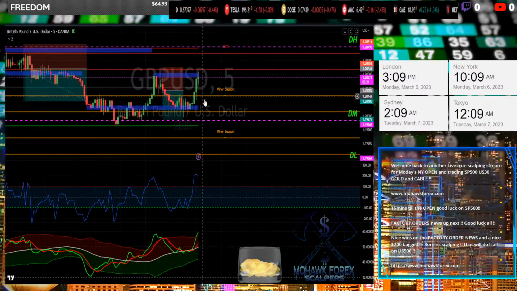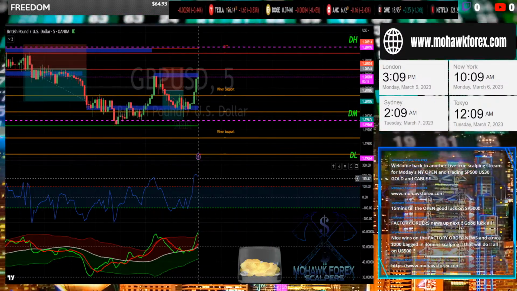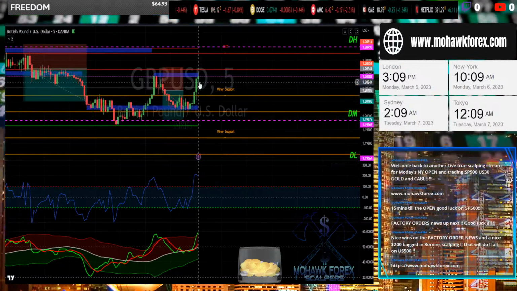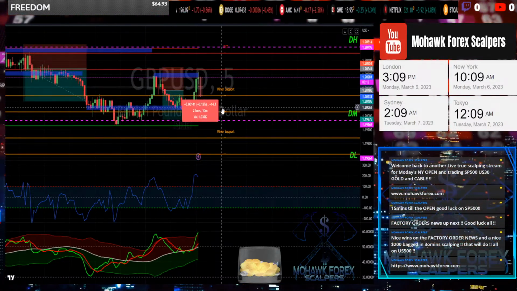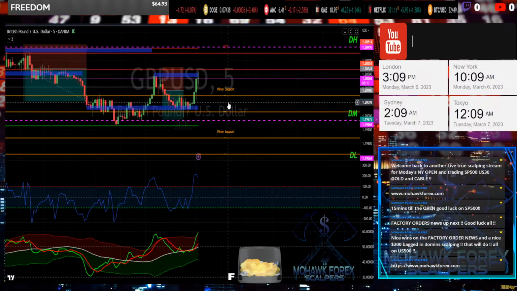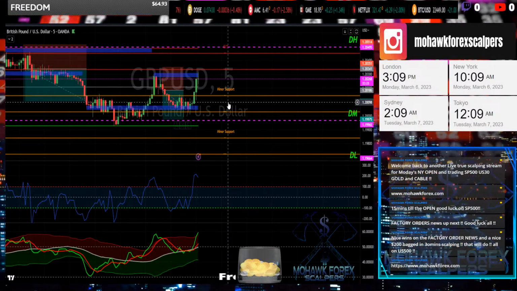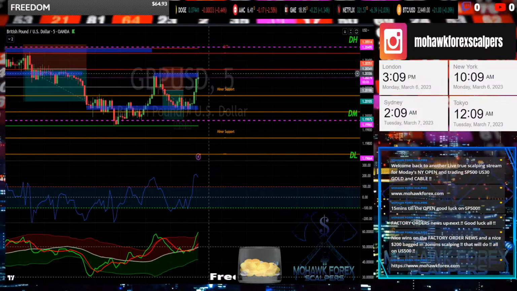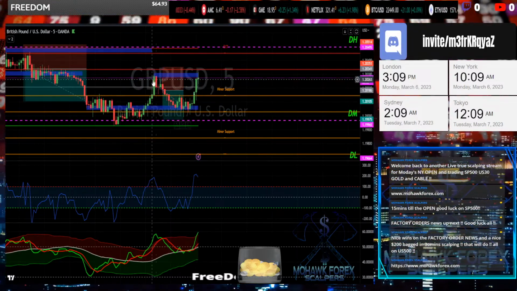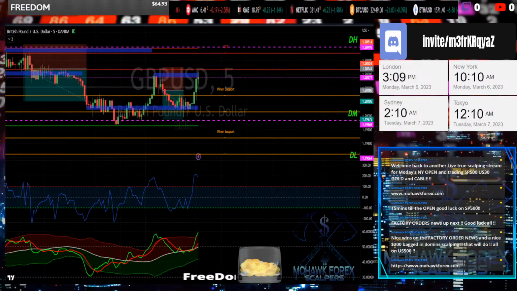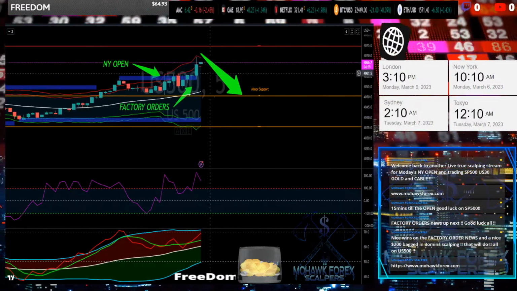We'll watch cable maybe for a sell. If we get a push down into here, we could look for a sell of maybe, we get 10 pips possibly. Nice rejection off that level. Yeah, there's your rejection, look, see.